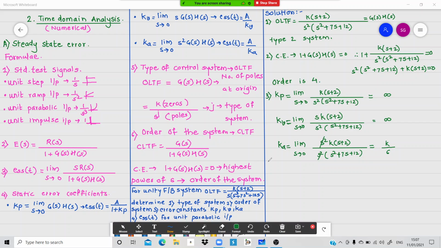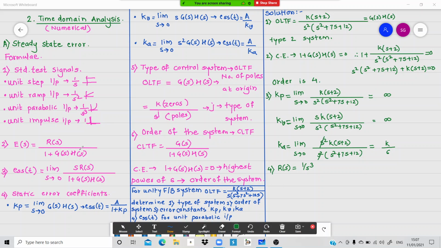Done. Now the fourth part is unit parabolic. Now R(s), in this case unit parabolic means 1 upon s cube. Now two ways are there to solve. I will solve by both the ways, right?